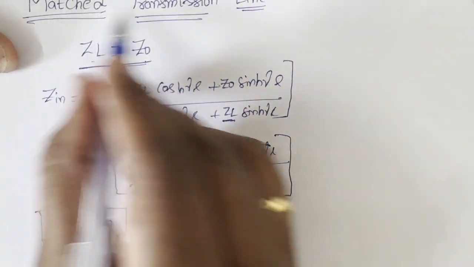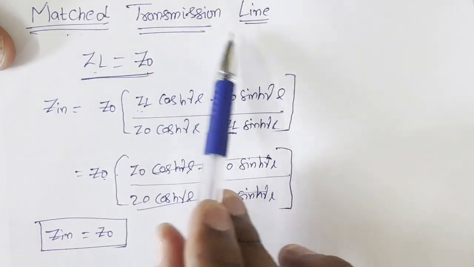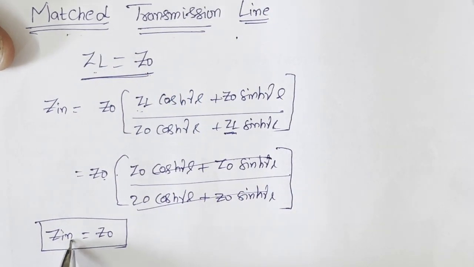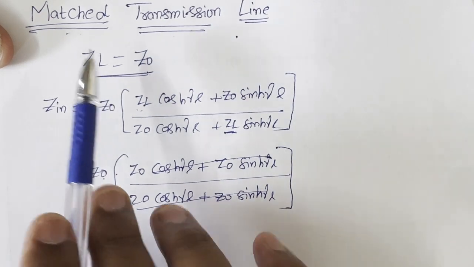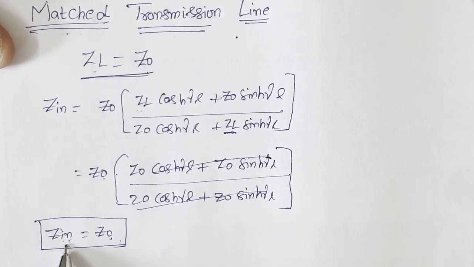That means in case of a matched transmission line, the input impedance is equal to the characteristic impedance Z0.